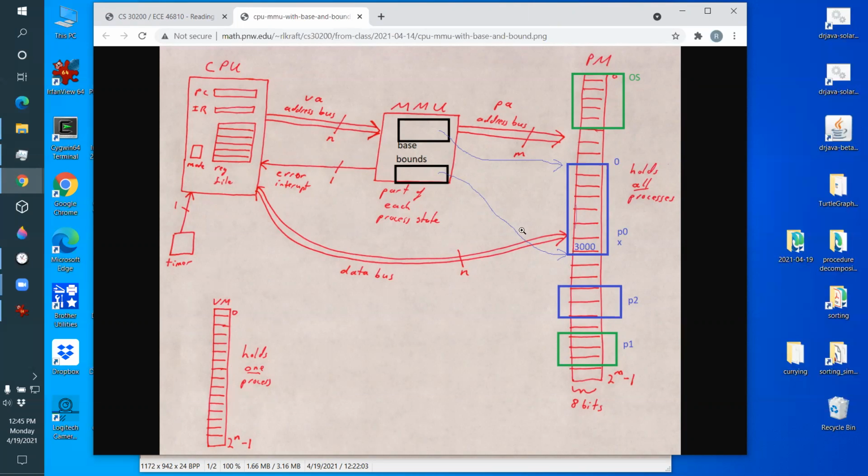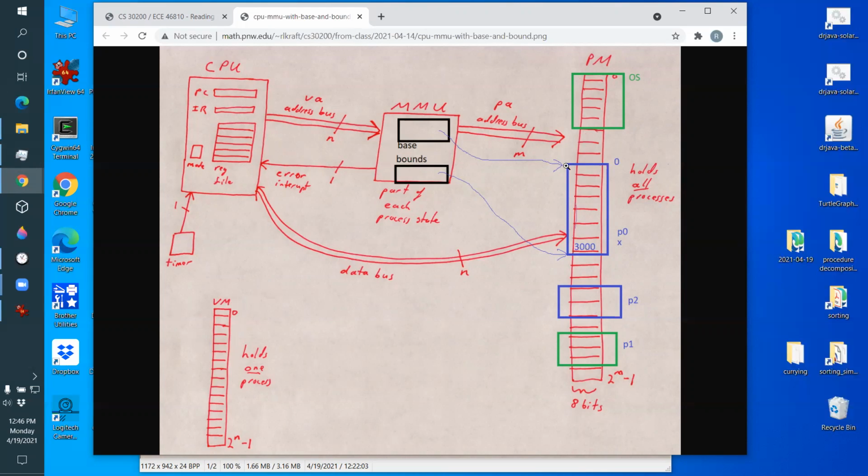If the CPU tries to go beyond the bound, if the address that comes in here is larger than the bound, then the memory management unit interrupts the CPU and halts the process. So each virtual memory space has its own size set by the bound register, but the more important thing is that every virtual memory space thinks it's got its own zero.